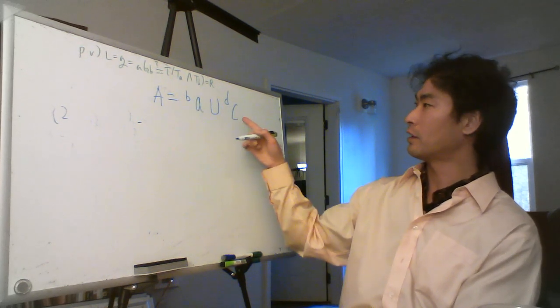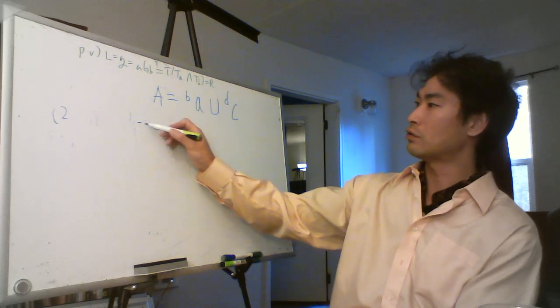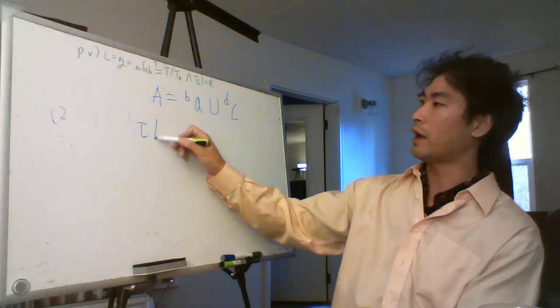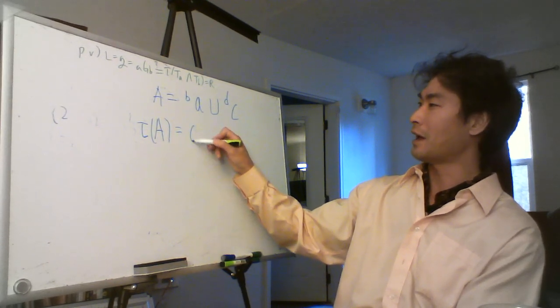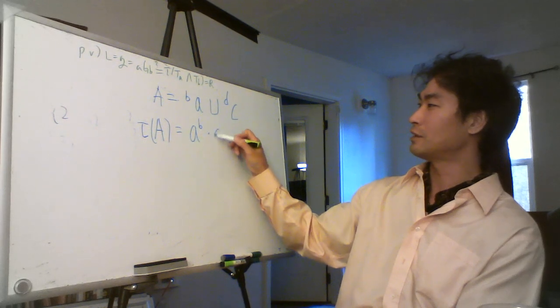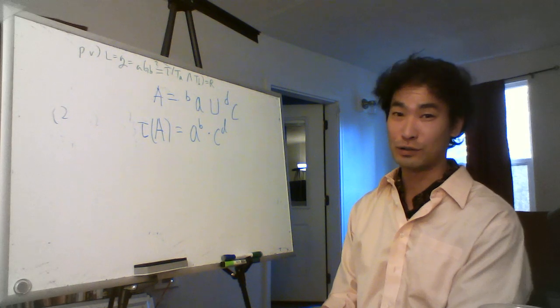B of them. How many C's are there? D of them. Then, naturally, tau of A, this is something really cool, is A to the B times C to the D. Don't you love this? I do.